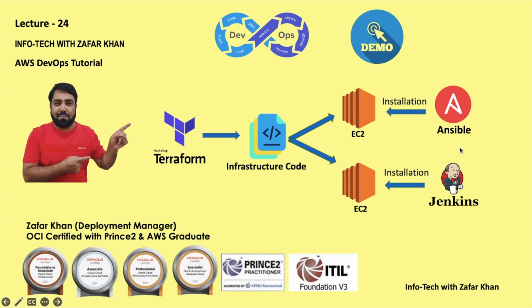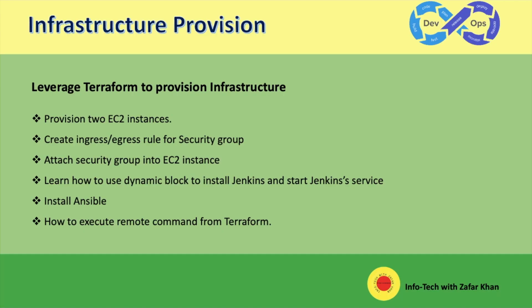So basically, we will provision two EC2 instances. Then we will create ingress and egress rules for the security group, then attach the security group to the EC2 instances. We'll learn how to use a dynamic block to install Jenkins and start Jenkins services.